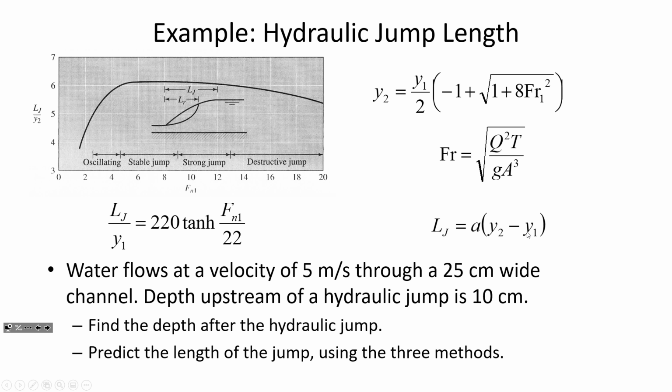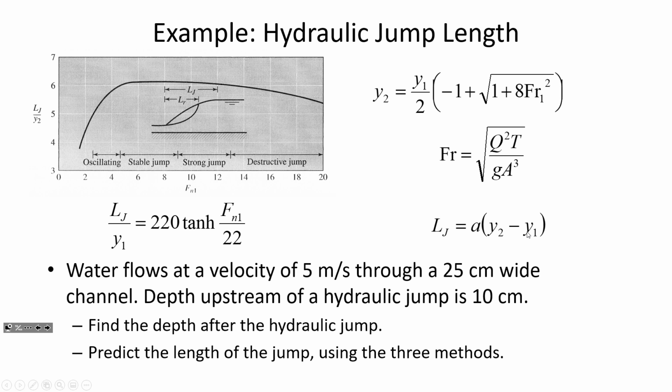The area is B times Y1, that gives us an area of 0.025 square meters. And then Q is V times A, so it's 5 meters per second multiplied by 0.025 square meters. I already kind of gave away that we've got this flow rate, 0.125 cubic meters per second.